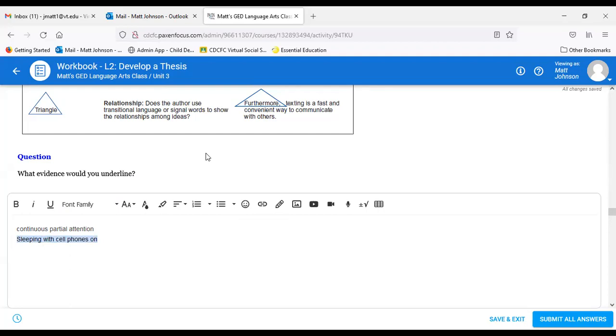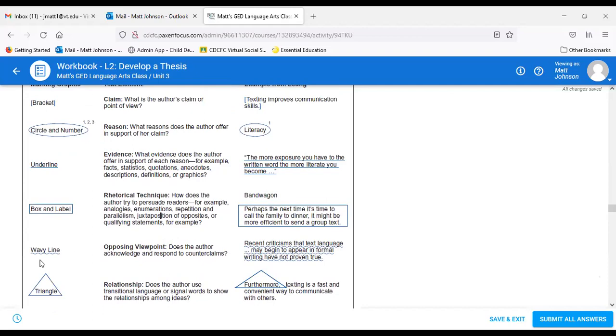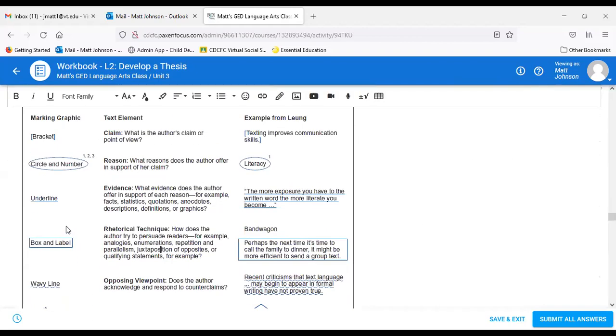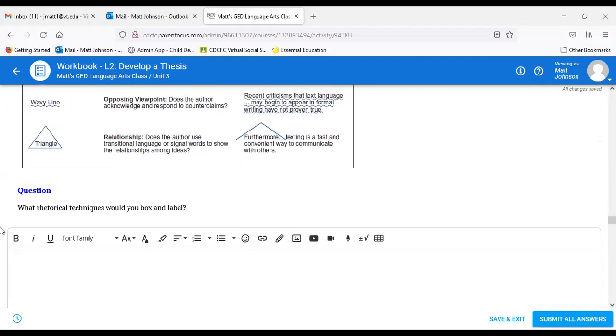And we also want to always keep in mind what type of evidence that is, as far as other techniques they'll use. So 17, we're looking at what rhetorical techniques you would box and label.